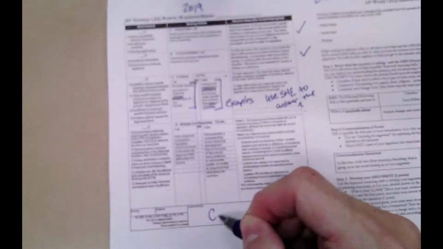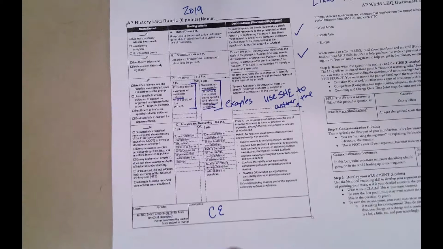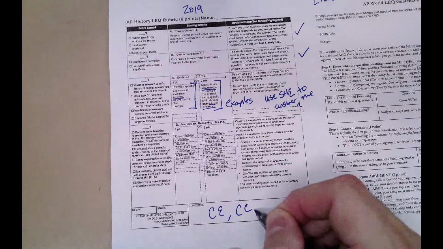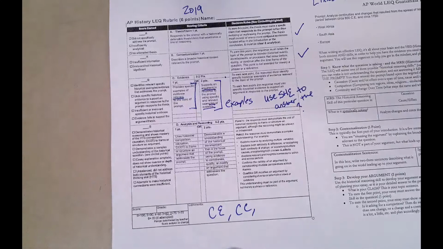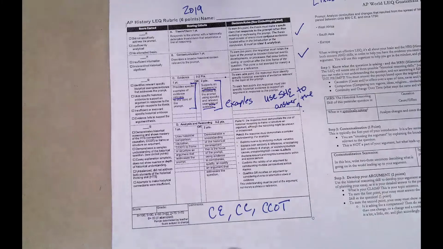There is the CE prompt, and that is cause and effect. Okay? There is the CC prompt, which is compare and contrast, or comparison, you'll see it called. And then there's the CCOT prompt, and that is the change and continuity over time.